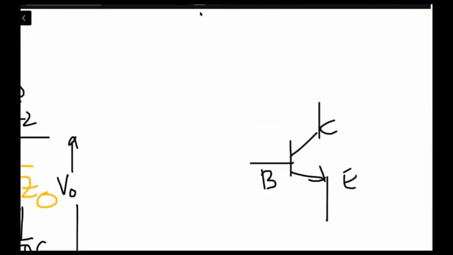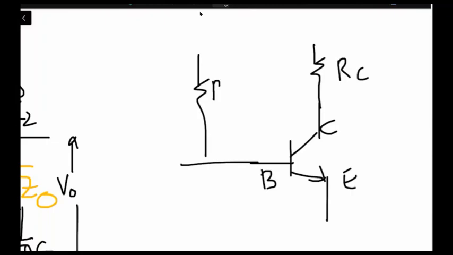The resistance connected to the collector is RC. With the base, the resistance connected is R1, as well as R2 over here, and the other end of R2 was already connected to the ground.